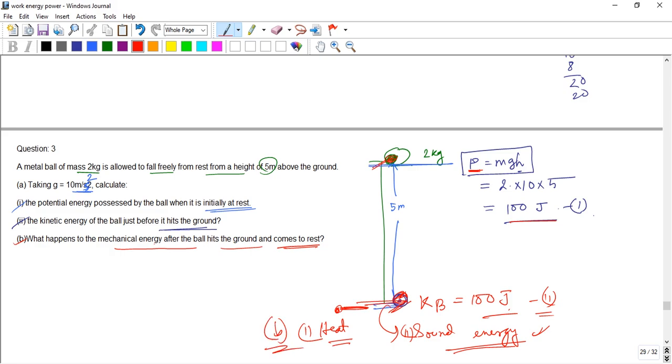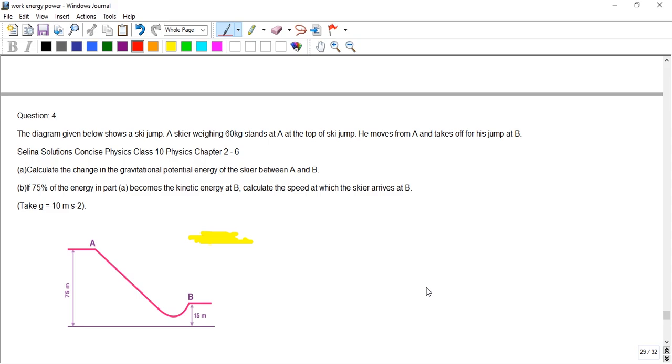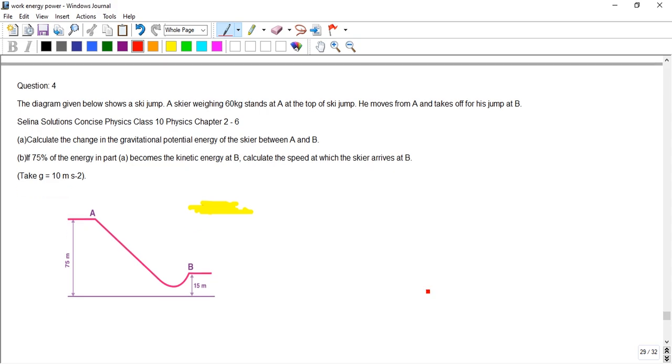Okay, next. Question number 4. The diagram given below shows a ski jump. A skier of weight 60 kg stands on the top of the ski jump, moves from A and takes off for his jump at B. I think there is a hint given, so just ignore that part.